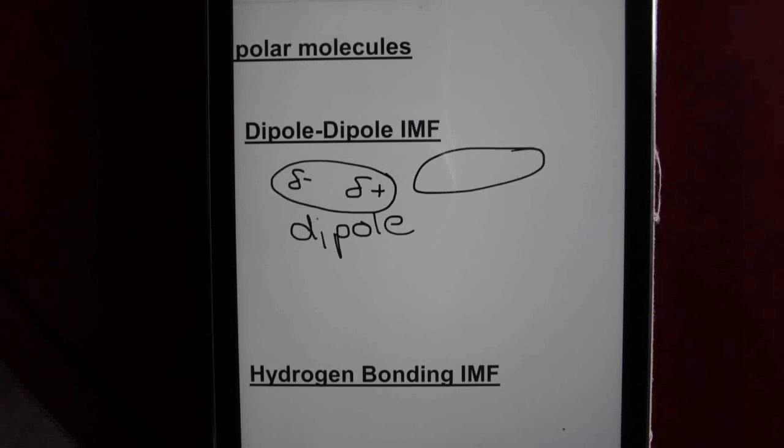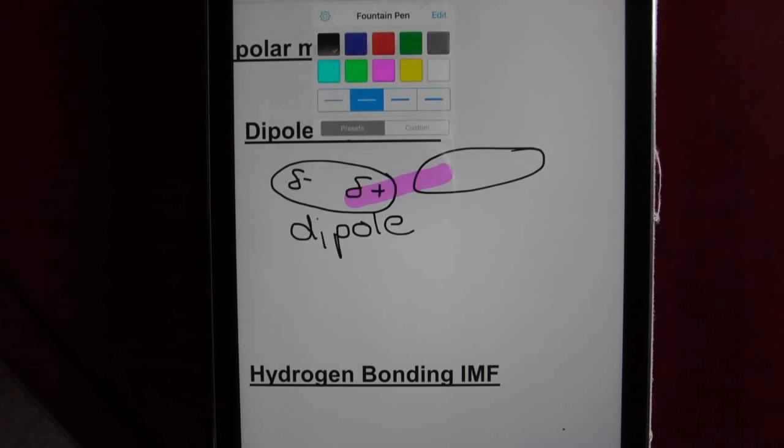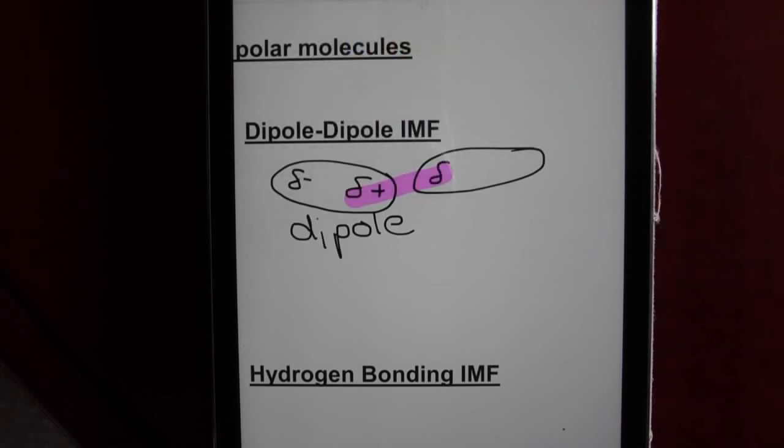So let's say this was HCl, and we've already decided that it's a polar molecule. Then, as you've learned in electrostatics just now, this positive side will be attracted to the negative side of the next molecule. So here I will have a delta negative, and here I will have the delta positive of the next molecule, because that's also a dipole.